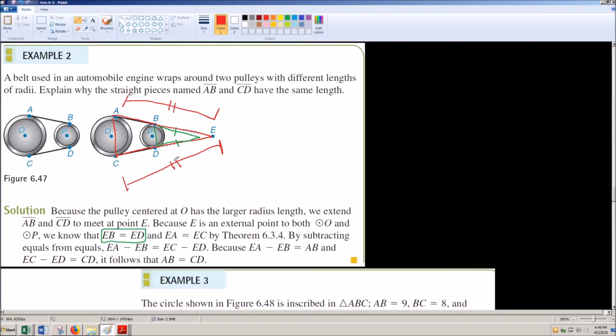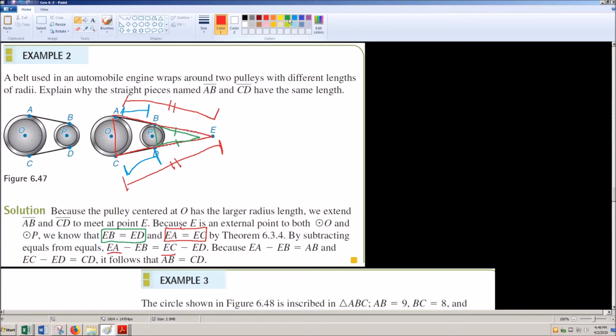So if that's the case, then these two are congruent. Well, what am I able to say about this little chunk in between? This little chunk in between just comes from subtracting off the green thing that I know. So if I want to figure out how do I get this blue chunk right here, it's just red minus green.